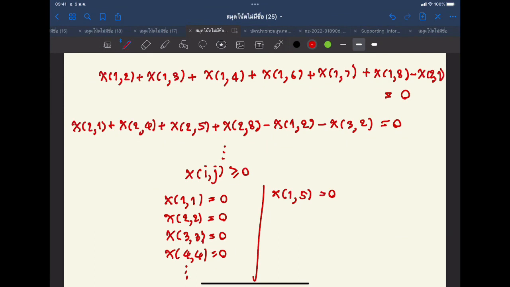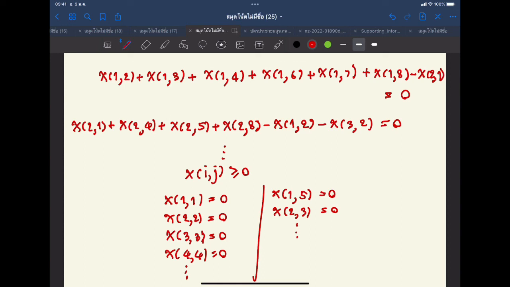Okay, so we have to write down that the material flow that way is 0. Okay, S2 S3 x from 2 flow to 3 must be 0, something like that.